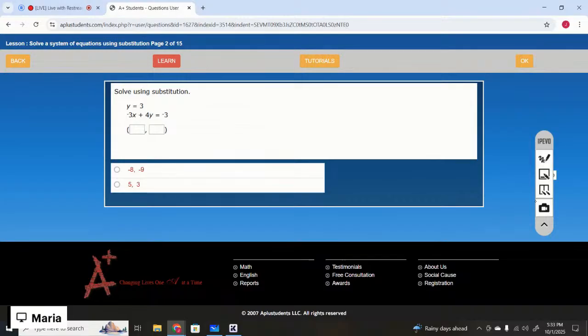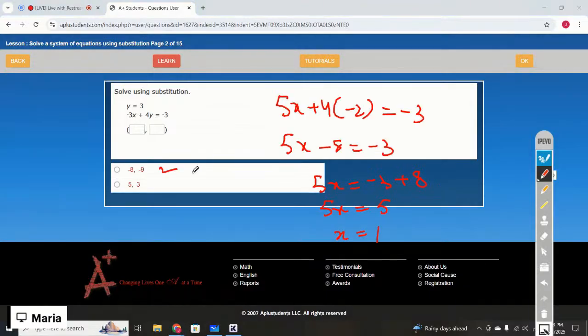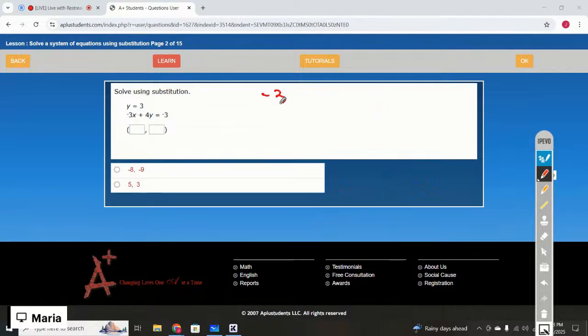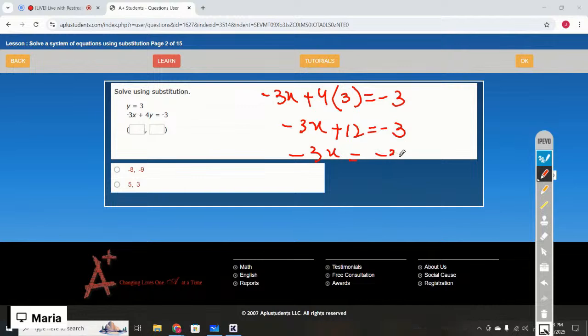Solve using substitution. Negative 3x plus 4y equals negative 3. So replace the y with 3. That is negative 3x plus 12 equals negative 3. So negative 3x equals negative 3 minus 12. Negative 3x equals negative 15. X equals 5.